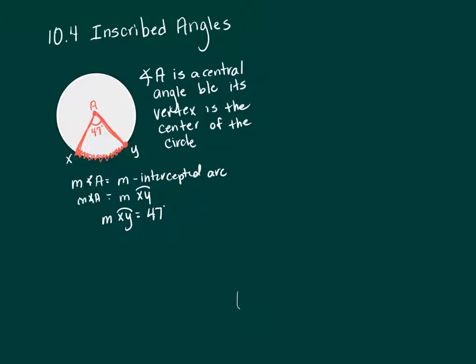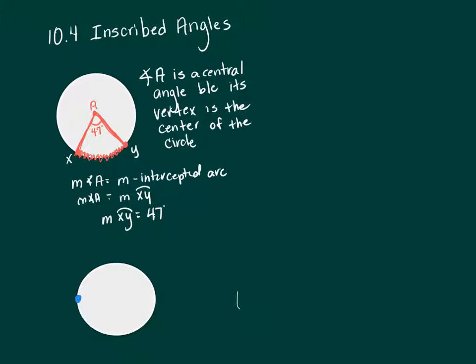Now let's go a little step further. I want to get another circle up here. Let's say this time that we put the vertex of the angle on the circumference itself.